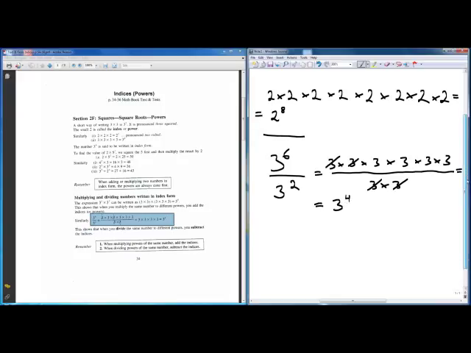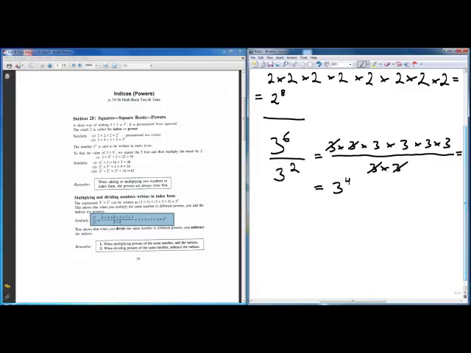So it turns out that we can find this rule when we're dividing with indices. In this example, 3 index 6 over 3 index 2, we have to have the same number here as we have here. We just take these numbers.